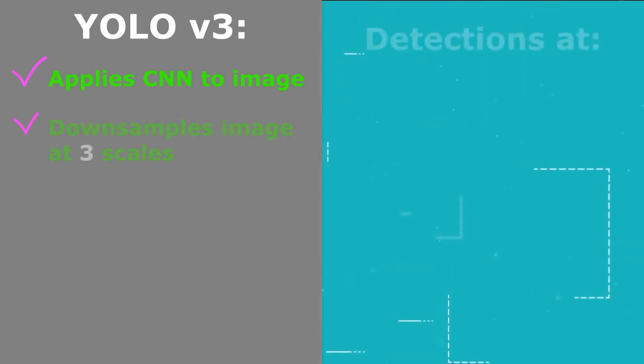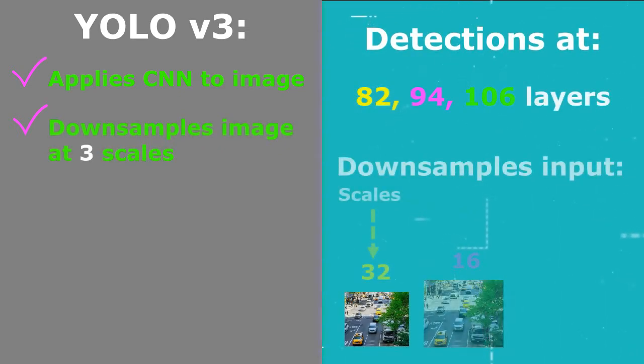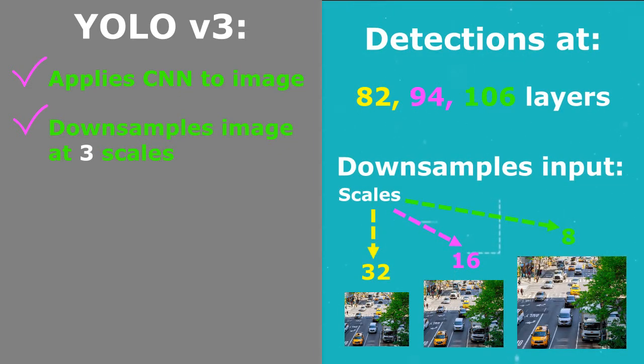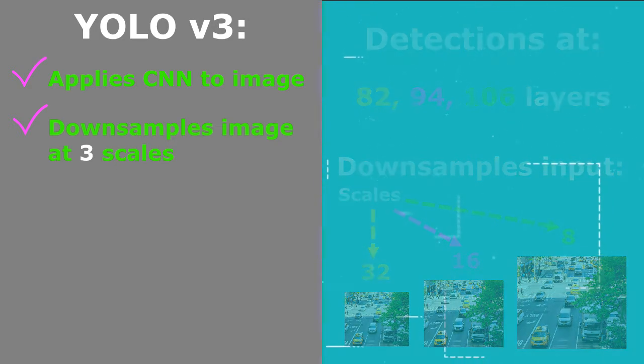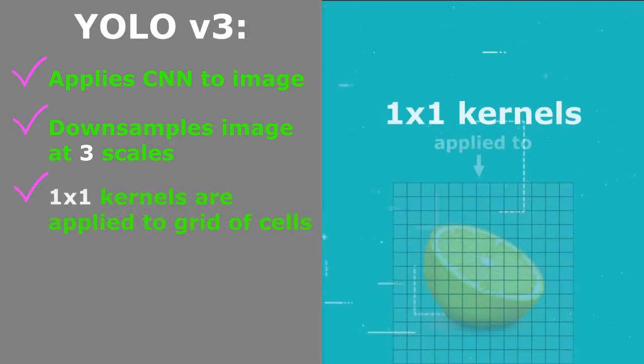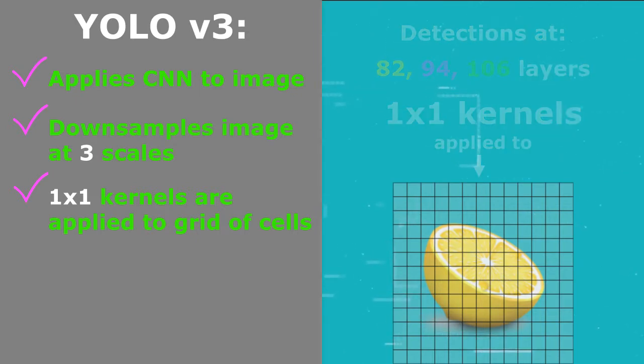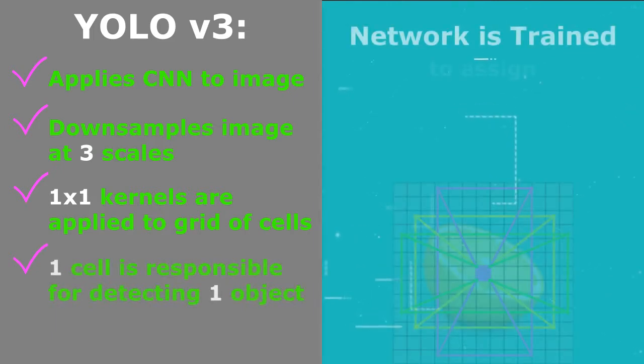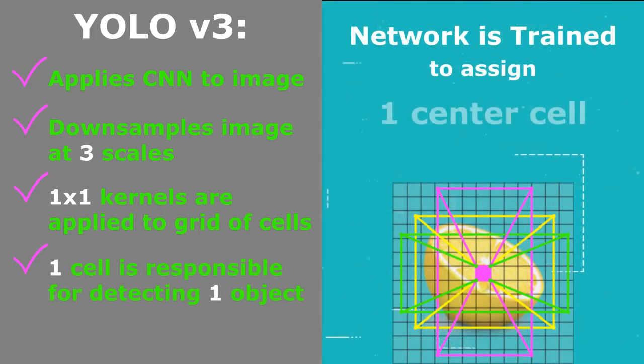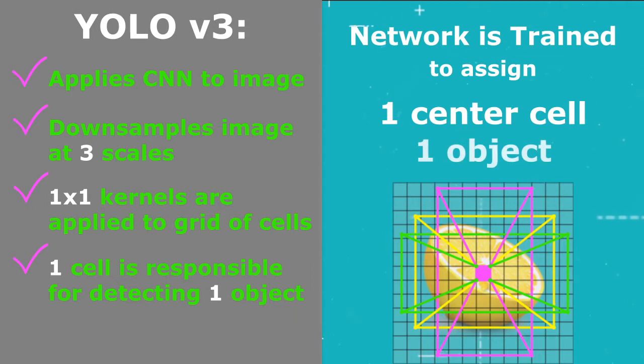To predict bounding boxes, it downsamples the image at 3 separate places of this network that are also called scales. While training, it uses one-by-one detection kernels that are applied to the grid of cells at these three separate places of the network. The network is trained to assign only one cell to be responsible for detecting one object if that cell falls into the center of this object.